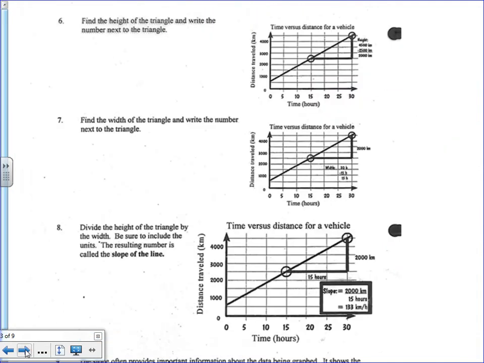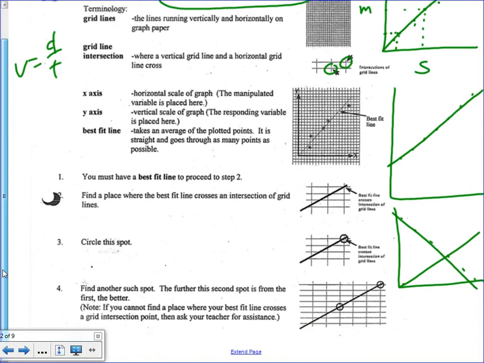Now, when you're calculating the slope of your line, you draw your best fit line, and usually when you do that, it'll go through some grid intersections on your graph. Everybody follow me here so far? What you need to do is find 2 grid intersections that your line goes through.